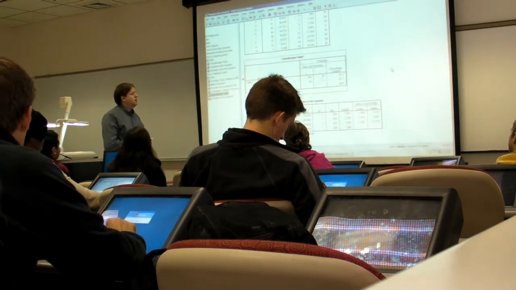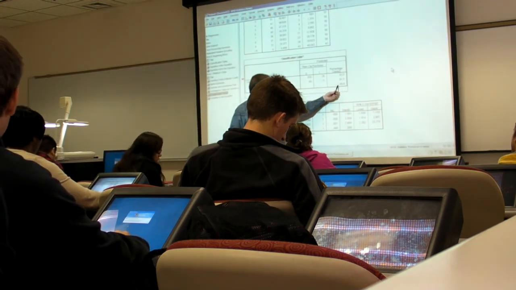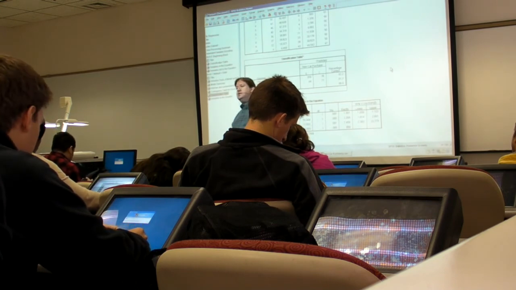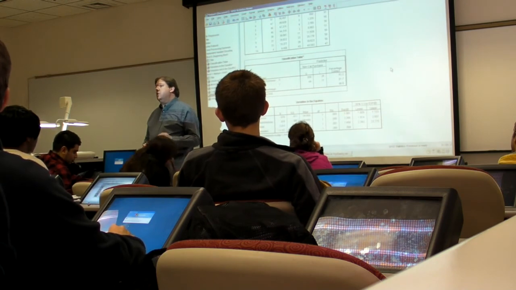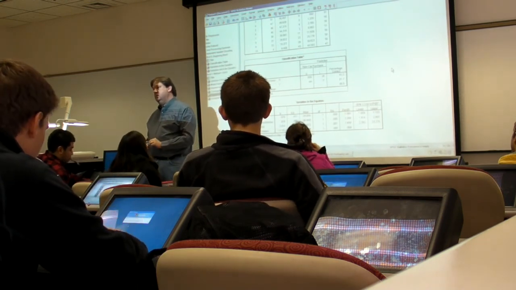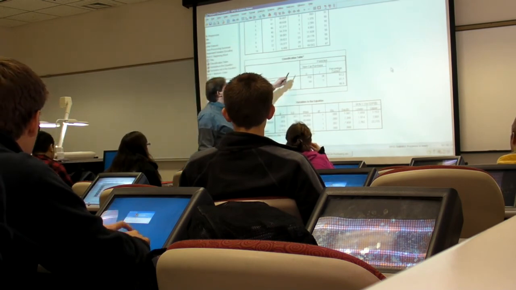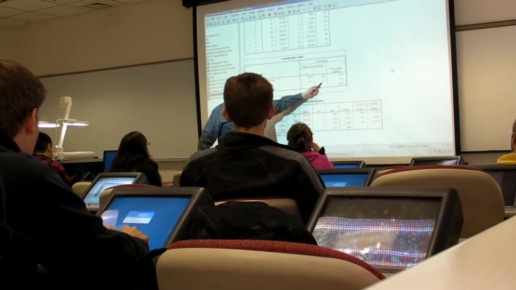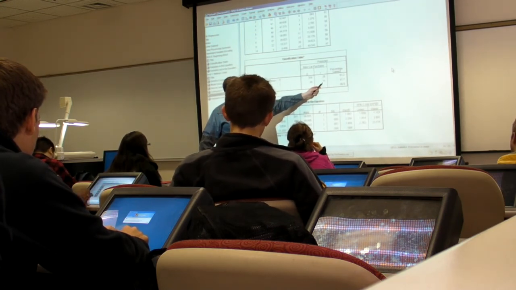But I did want to point out one other thing. The other thing that we'll see here is the overall percentage, 86.0. What this is telling us is that 86% of the time, we are correctly making a guess using this model. This is taking the new car purchases where we predict that you don't and you actually don't, adding to it the number of times that we correctly predict that you do purchase a new vehicle, 71.